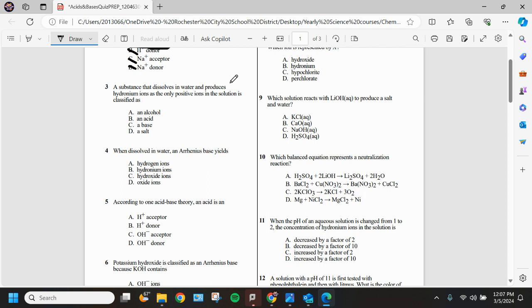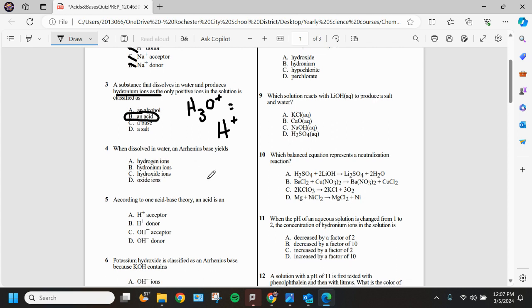A substance that dissolves in water and produces hydronium ions. Hydronium ions, H3O plus. And we talked in the notes a lot about how that equals H plus. So if I'm going to make H pluses in solution, I am an acid. Good.